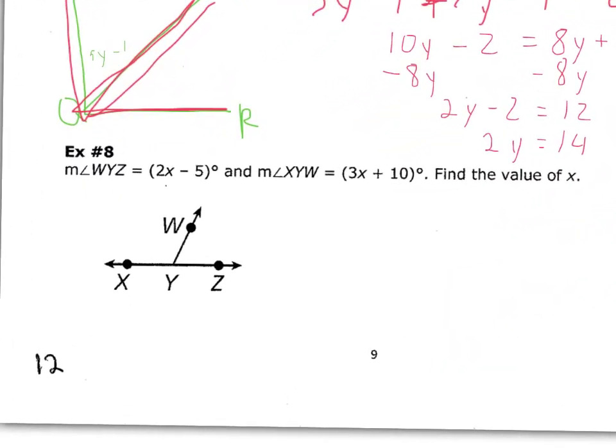Okay, last one. It says measure angle WYZ is 2x minus 5, and measure angle XYW is 3x plus 10.